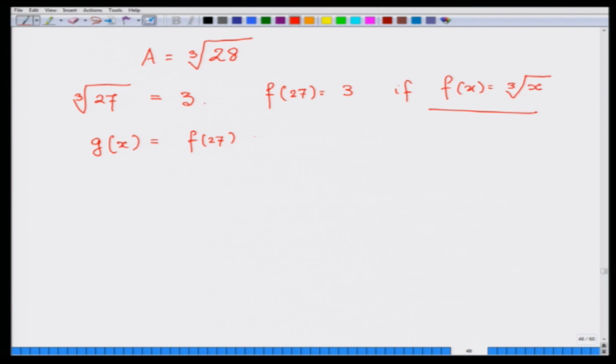I will not redo the calculation in front of you, which you can do yourself. So f dash 27 is nothing but 1 by 27. For the time being, let me not go to higher orders, and just consider the first order Taylor polynomial at 27.